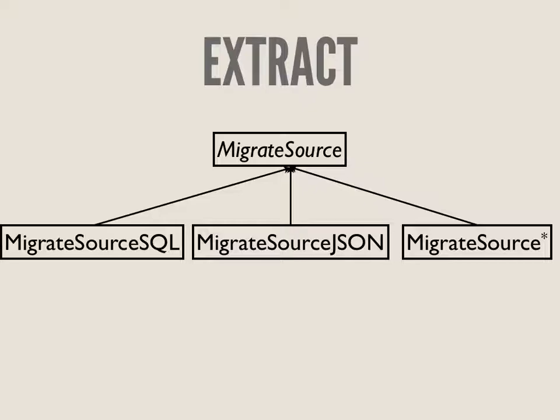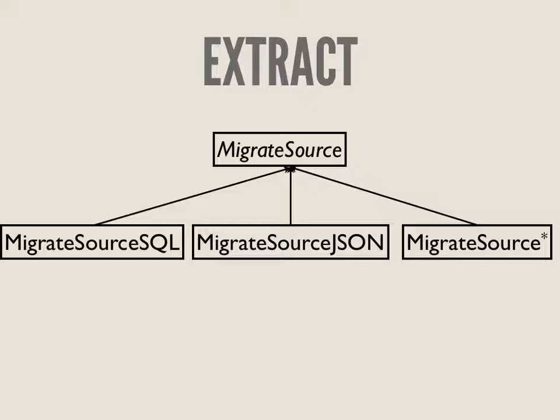For instance, some operations are different when you use an SQL database or JSON or something like that. And these functions are implemented in those subclasses. You have different sources you can read data from. You have XML, Oracle, Microsoft SQL, MariaDB, comma-separated value files. And if that doesn't suit you, you can even write your own migrate source class. The only thing you need to do is subclass MigrateSource and implement all abstract functions.